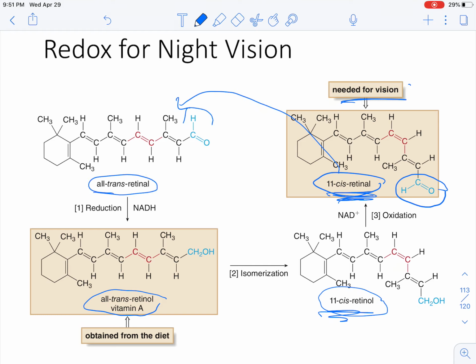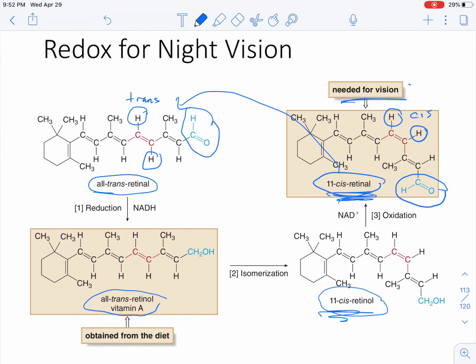So we still have the aldehyde. However, if you guys look at the double bond, specifically the relationship between the hydrogens on that double bond, it's going to be trans. Whereas if you guys are looking at the hydrogens here for 11-cis-retinal, these hydrogens are cis with respect to each other, and these hydrogens are trans with respect to the double bond.